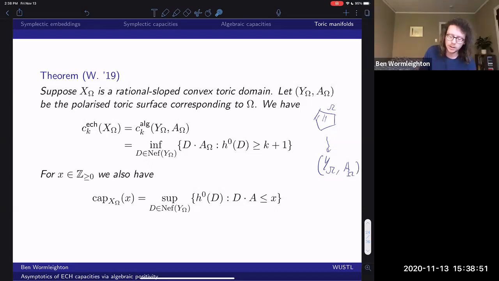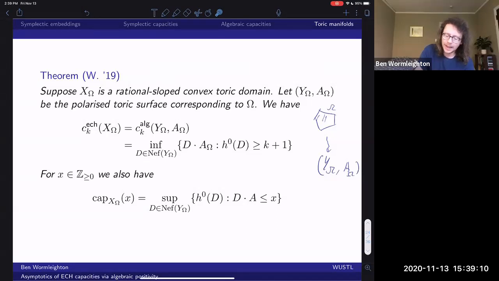In the dual optimization problem, if we assume that x is a positive integer, we also get that this counting function, cap of X_Ω, is the max over the nef cone of h^0(D) subject to this D·A constraint. So it's just a restatement of the previous result.